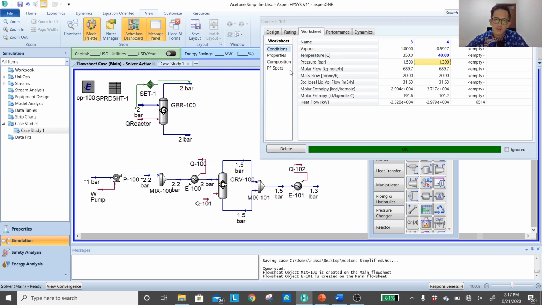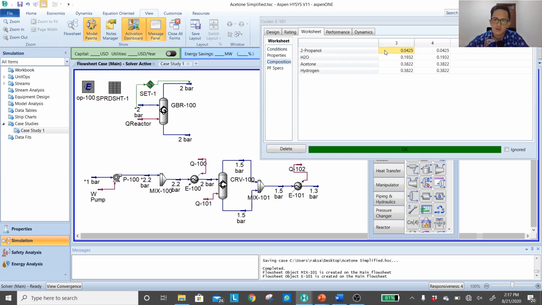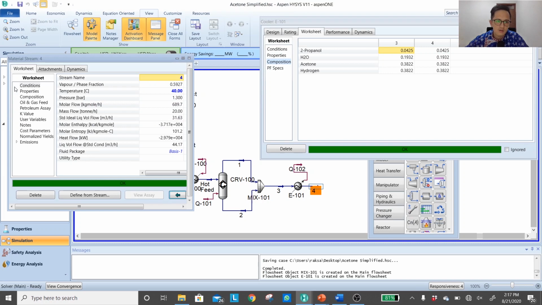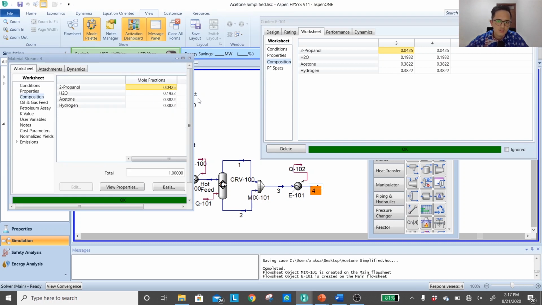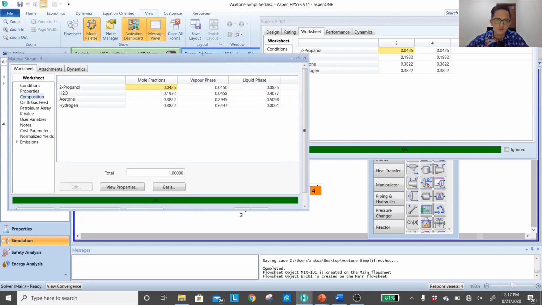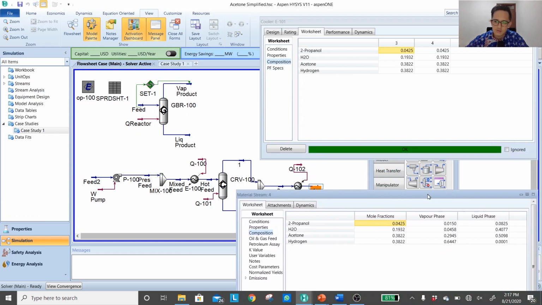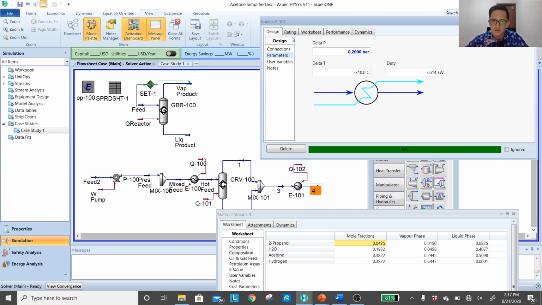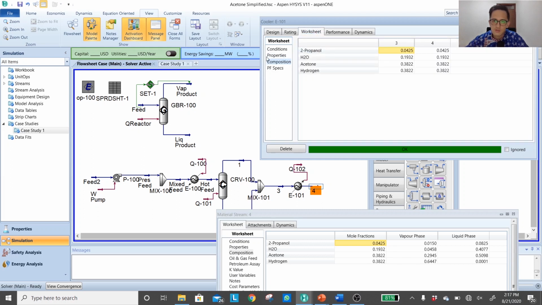59.27%. You can also check the composition at stream 4. Okay, good. So for stream 4, let me go back to the worksheet of E101.